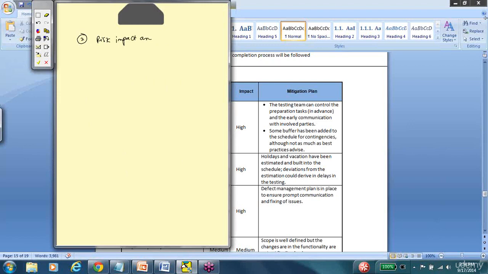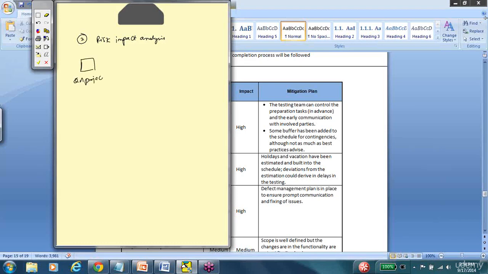So impact, as we probably talked about earlier in the class, just means how much of a detrimental effect this potential problem, when it materializes, will cause on the system that we have. So this is your QA project.